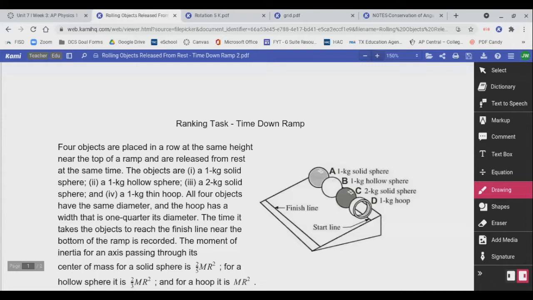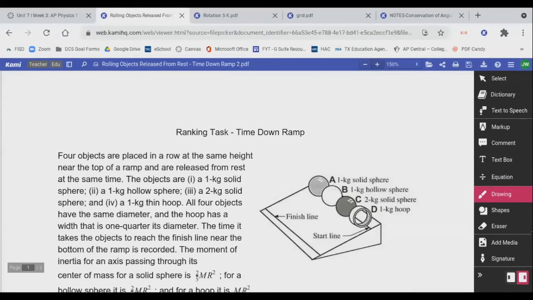Between A and C, how are we going to differentiate? Okay, let me give it away a little bit more. Do we need to differentiate between A and C? Yes, because the mass is different. Okay. Does the mass matter? Yes. Would I ask if the mass mattered?